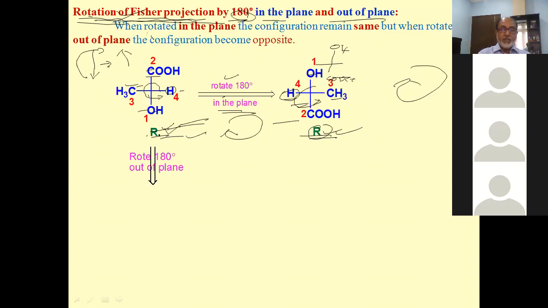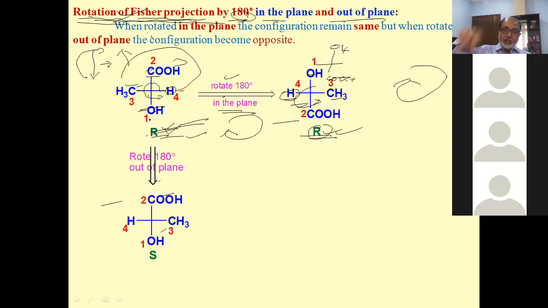In that case, if it is R, the structure will become S. You understand the point: here the rotation is out of plane, and the other is within the plane. So these two rotations give opposite results. So this R has become S.